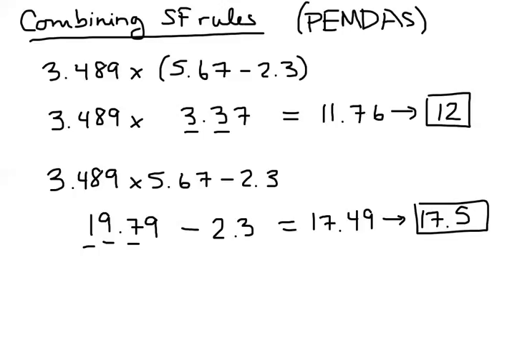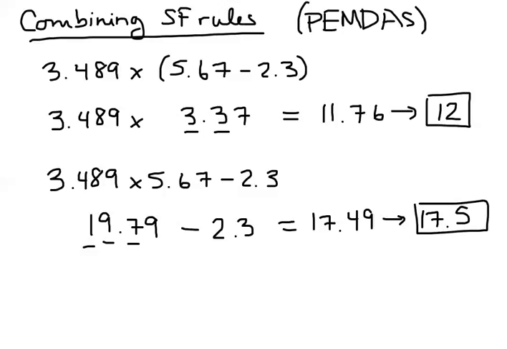Yeah, sorry. How come it goes from 3 sig figs to 2 because it's 2.3? So you're asking why this last step? Yeah. We ended up, so here, 19.79 has 3 sig figs based on the multiplication, okay?